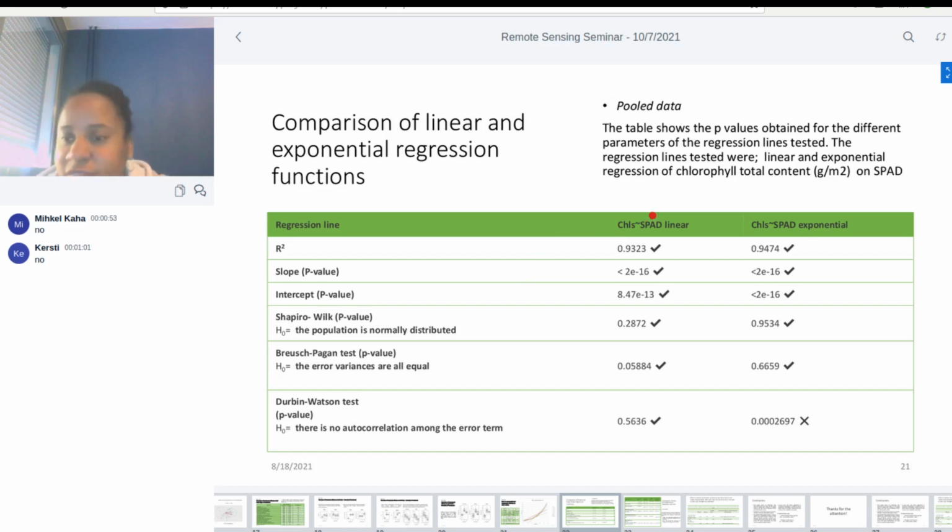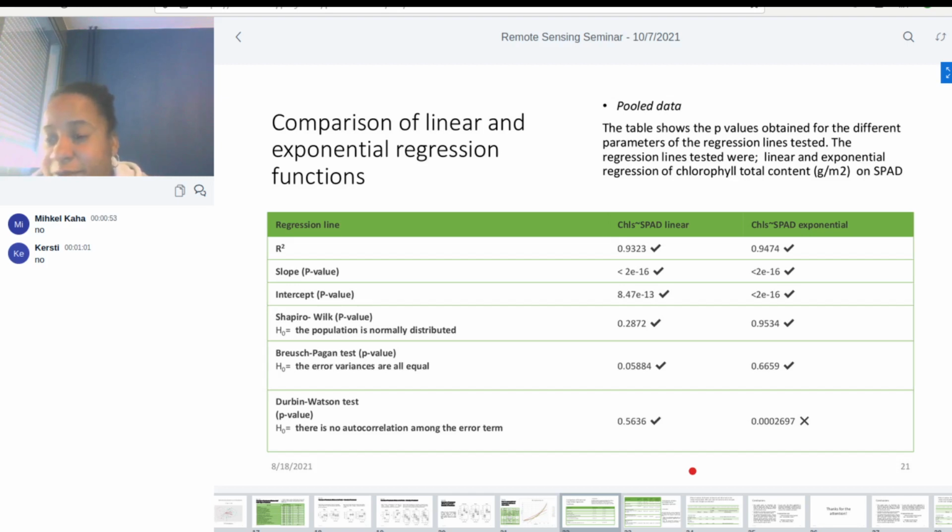And we can see that our linear regression model, describing total chlorophyll content as a function of SPAD, had satisfactory results in all of them.